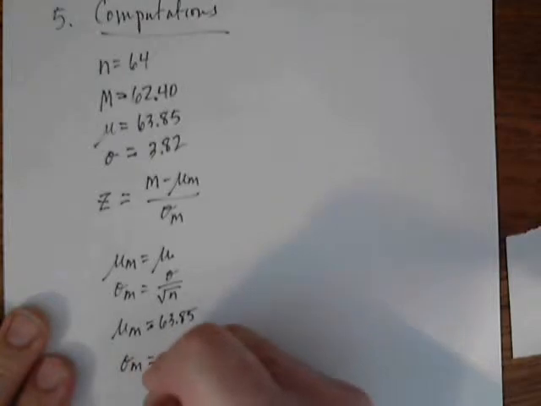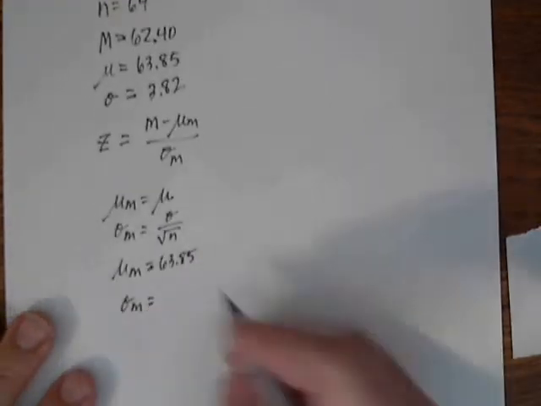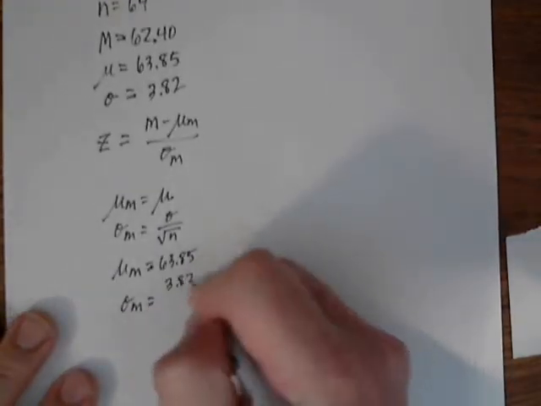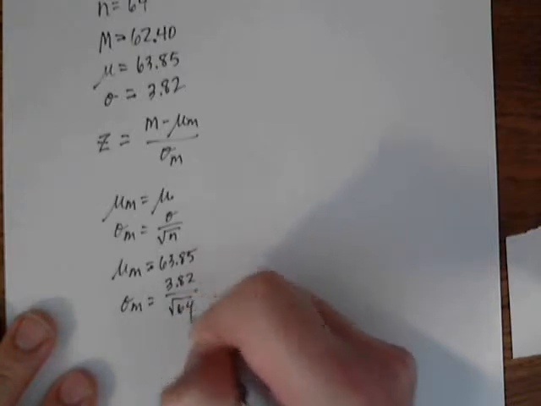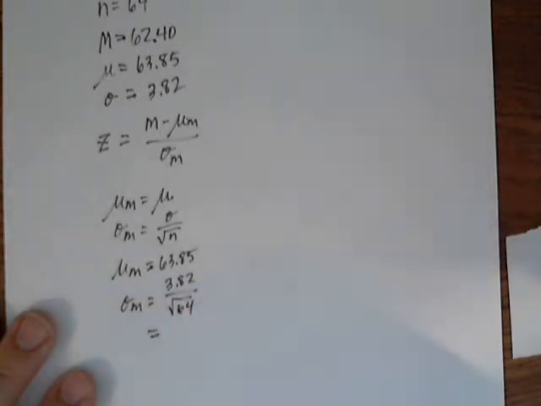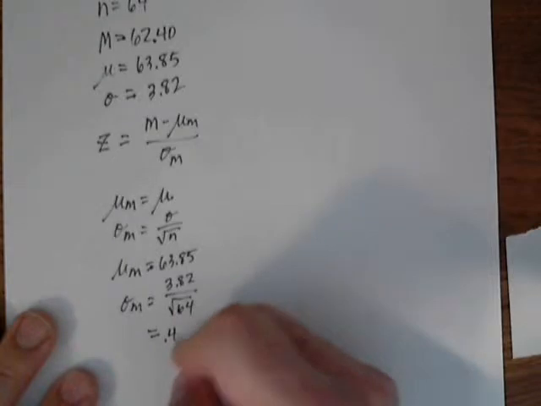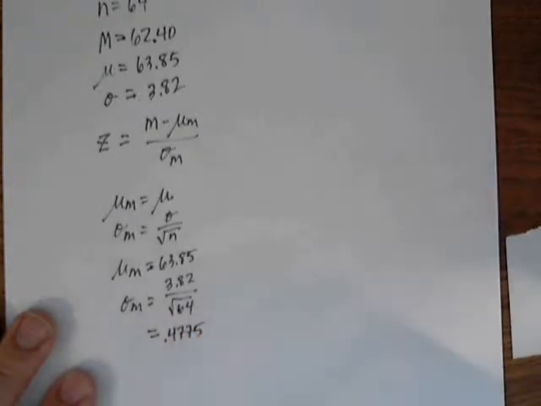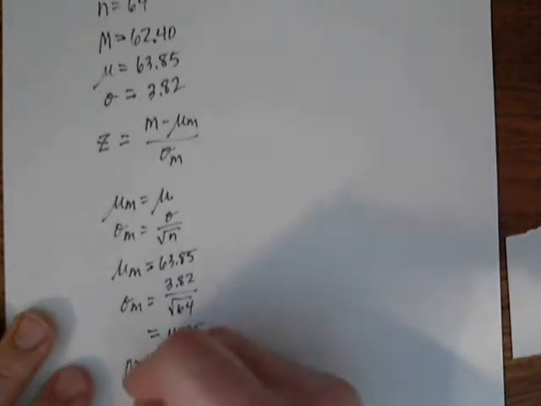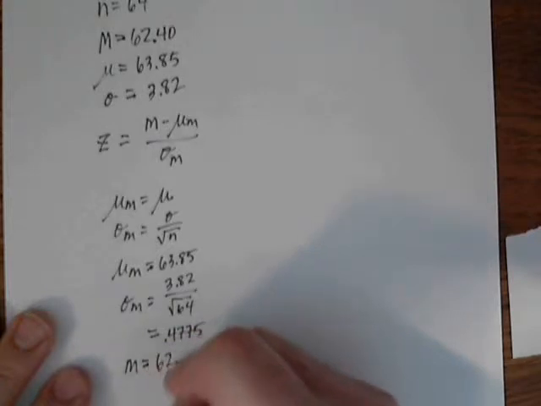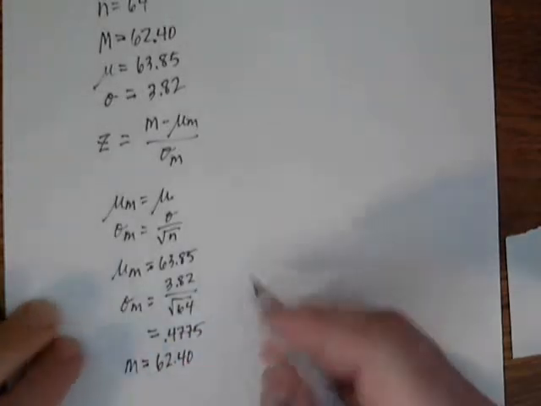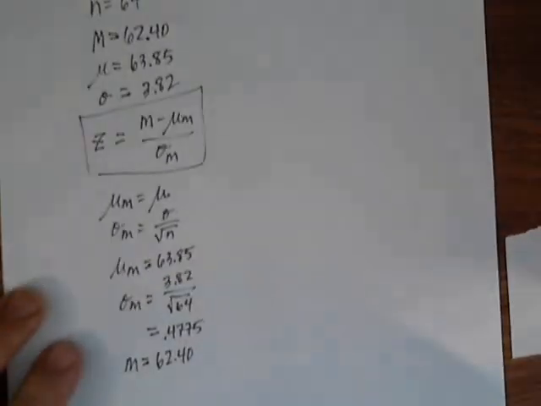Sigma sub M is equal to 3.82 divided by the square root of 64, or that is equal to, if we do a little math, 0.4775. We know that our mean is equal to 62.40. So we have all that we need to do this computation.